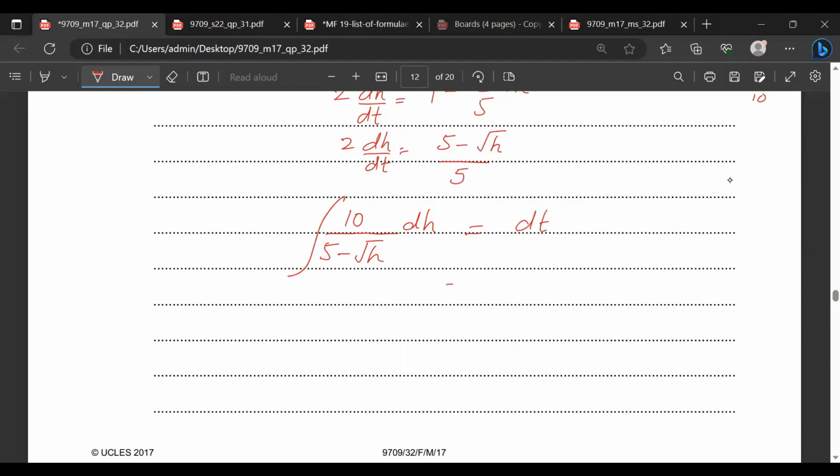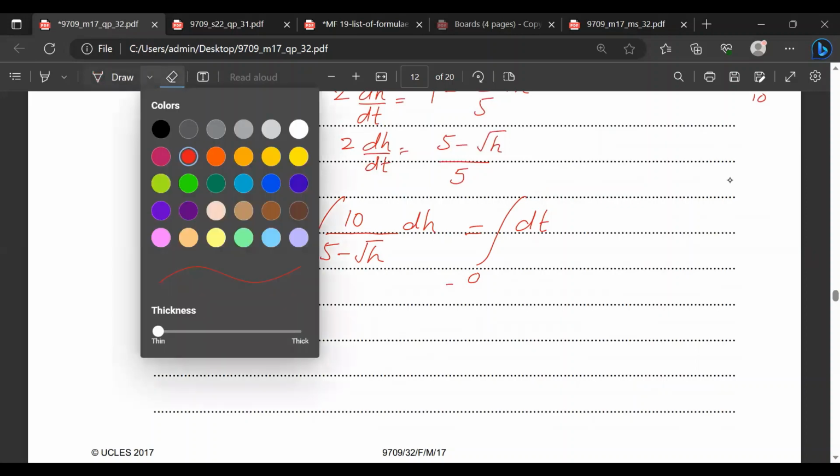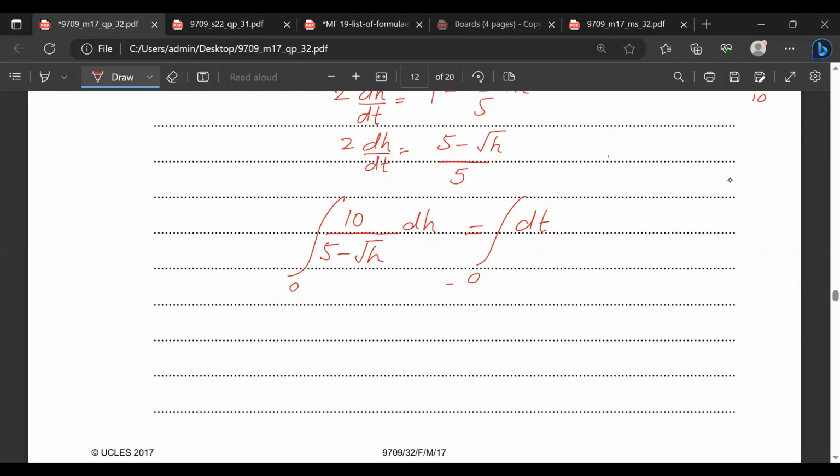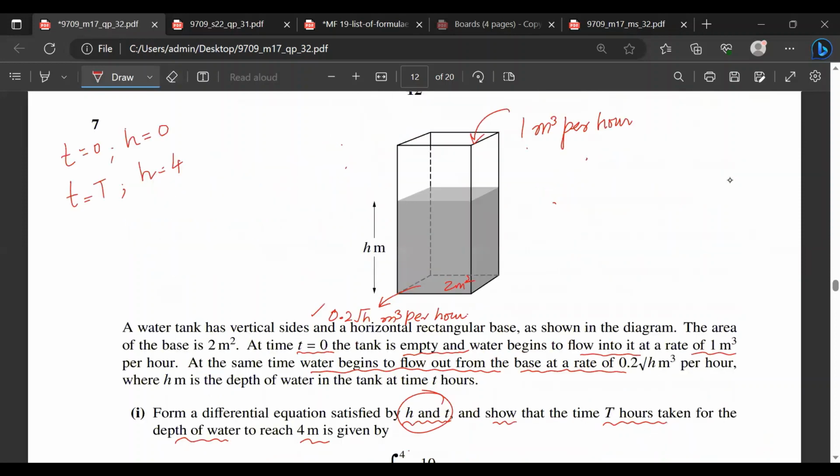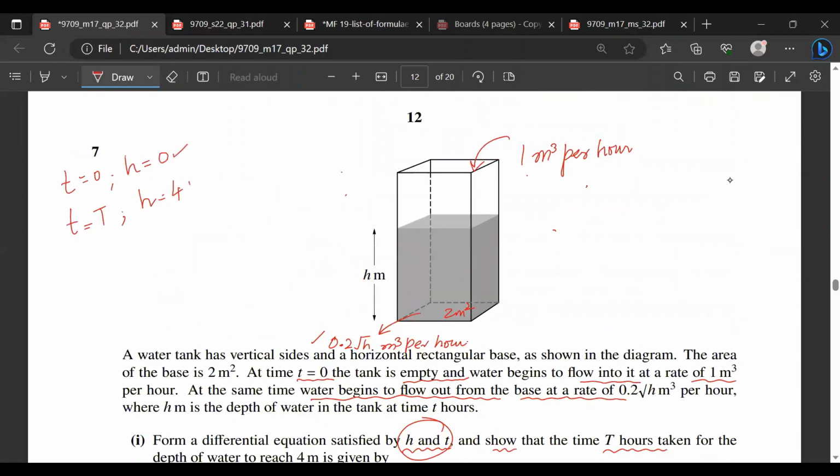After separating the variables, write down the limits. When time is equal to 0, depth is equal to 0. When time equals T, depth is 4. So these are the two conditions given in the question. These are the boundary conditions.